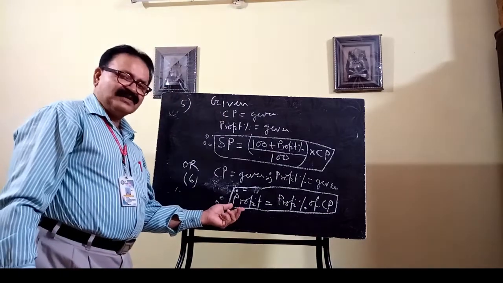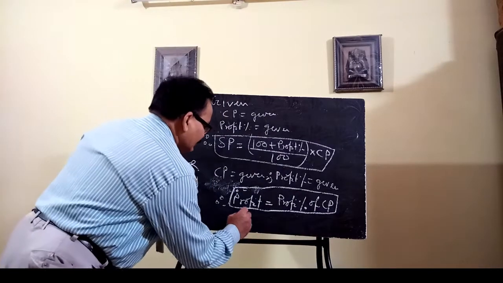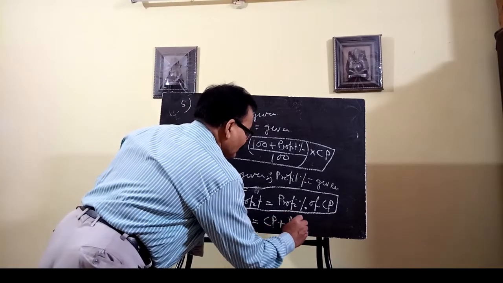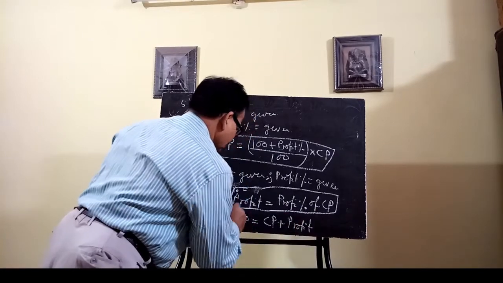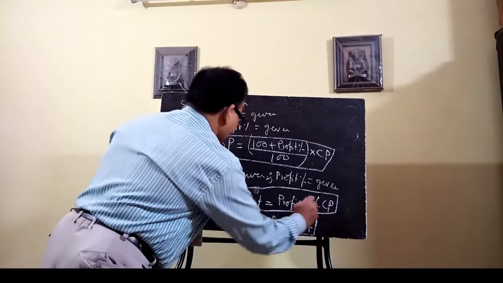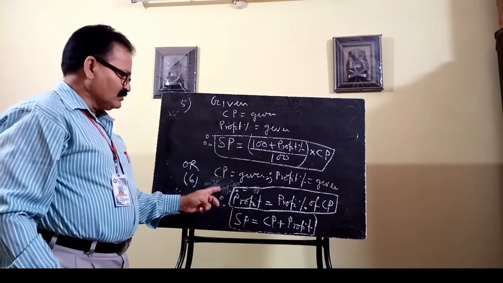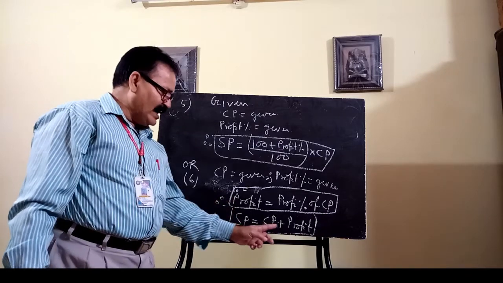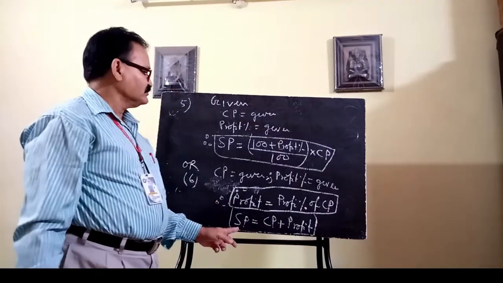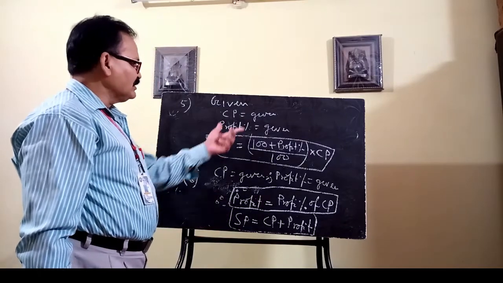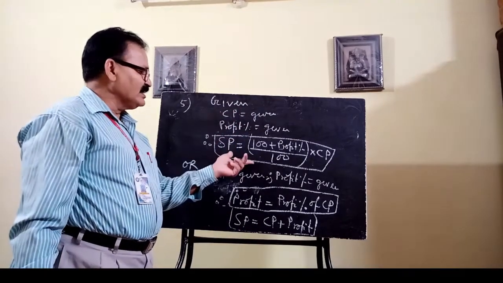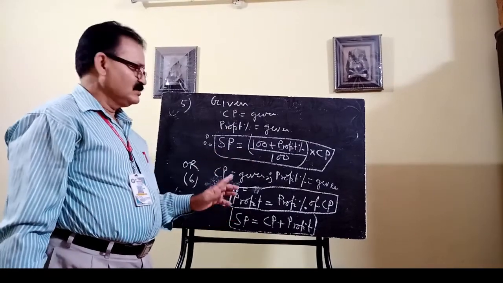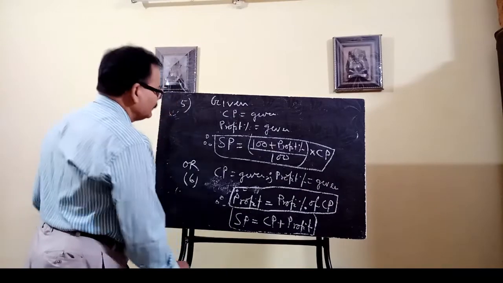Therefore you calculate the profit first, then you can find SP by adding CP plus profit. So this is another way. After CP and profit percent are given, find the profit first, then add the profit to your CP to get your SP. But if you use the previous formula, you can directly find the SP without calculating the profit. Okay. Next type.